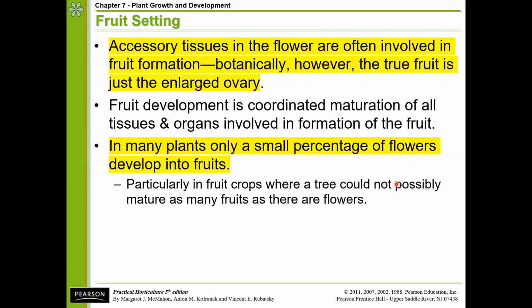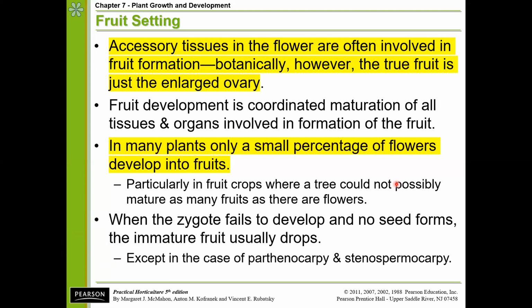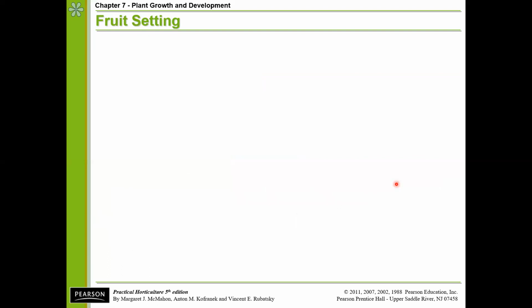So the marketable, harvestable portion of the plant might include that, but we're really eating accessory tissues in a lot of the cases. Also, in many plants, only a small percentage of flowers actually end up developing into fruits, both in the natural world and in an agricultural setting too.